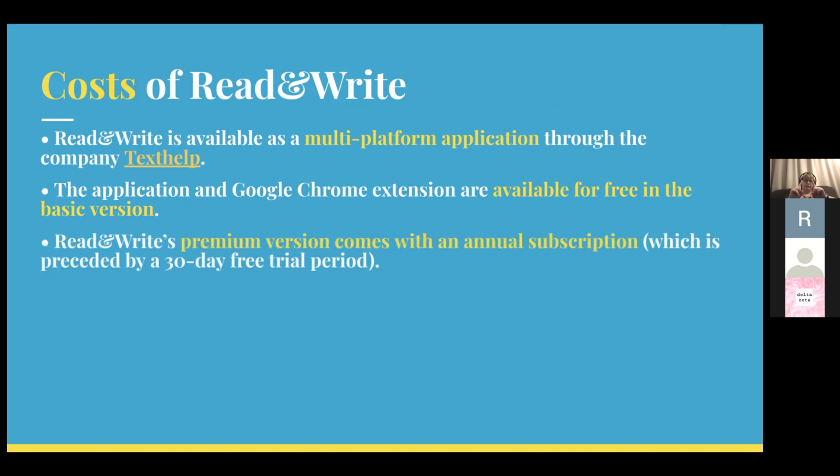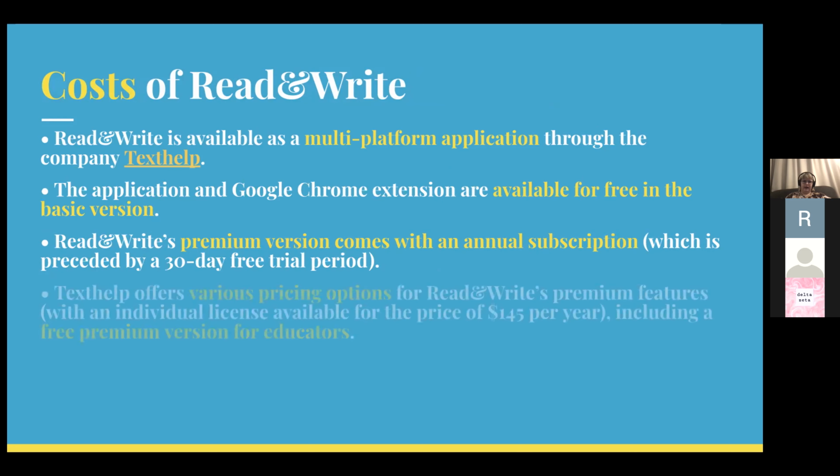But the premium version comes with additional features like the Audio Maker, and this one is under a paywall of an annual subscription, and they give you a 30-day free trial period to test it out. TextHelp offers various options for pricing, like group pricing and individual licenses.